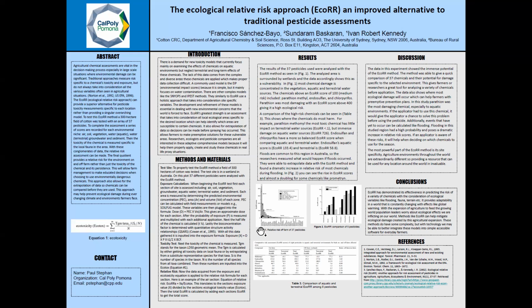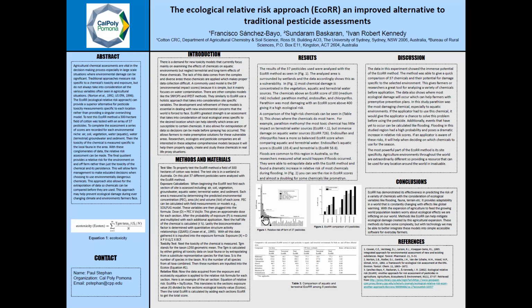On the far left here, we had a very high relative risk of parathion. And if you look closely, the main risk comes from the aquatic compartment. So with that knowledge, an applicator, if they had to use parathion, could prepare and prevent maybe runoff from going into the aquatic environments.